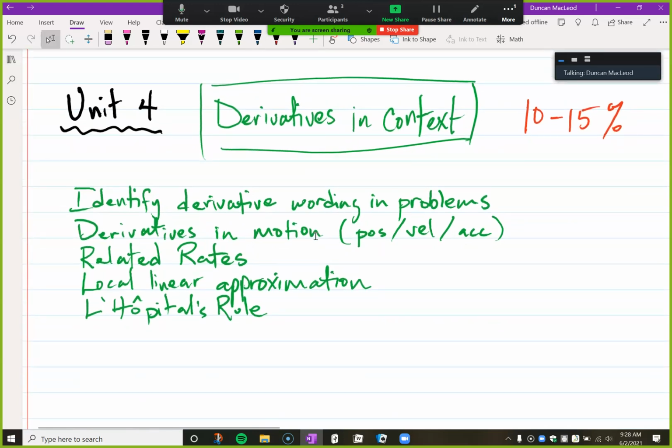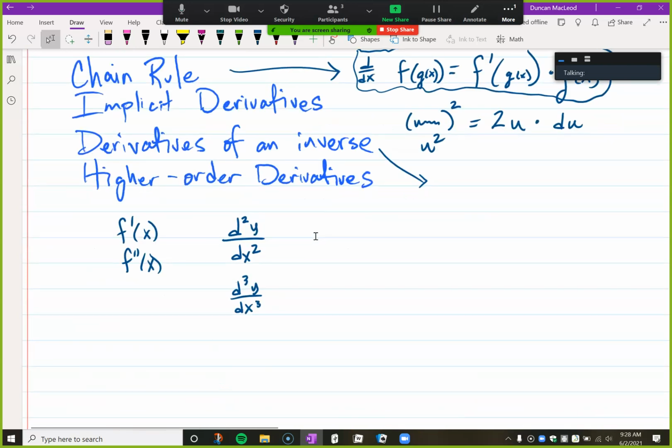Yep, go for it. What's the formula you were talking about for the inverse? Derivatives of the inverse. I'm going to do my best to try to remember what it was. F inverse prime. This is why nobody likes the formula.